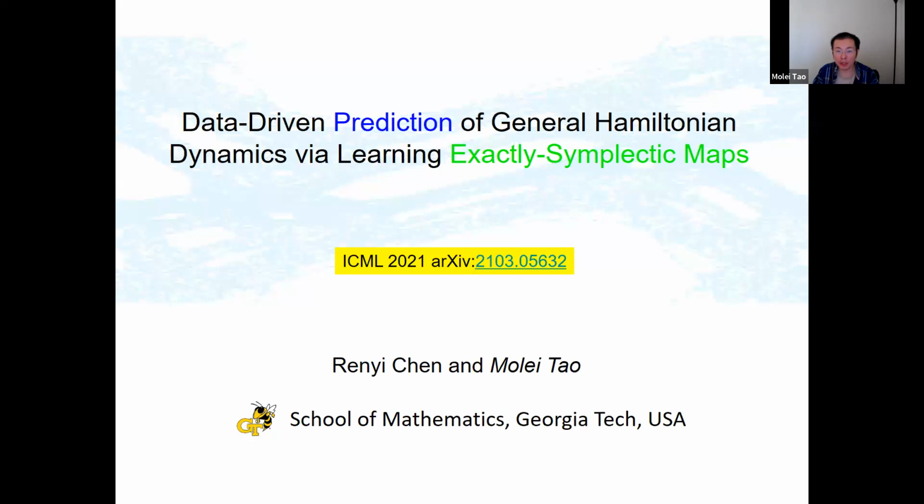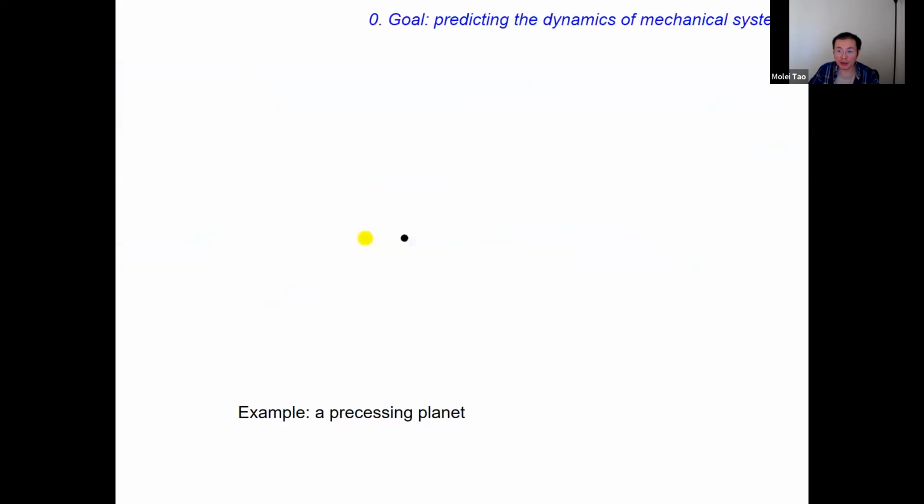Can we predict far ahead into the future of the evolution of the time series? The particular context we will consider is where the time series are generated by mechanical systems. In this case, you have the structure of mechanical systems, and because of this structure, we can get very long time prediction accuracy.